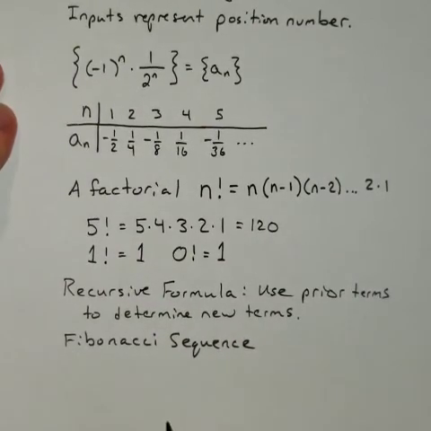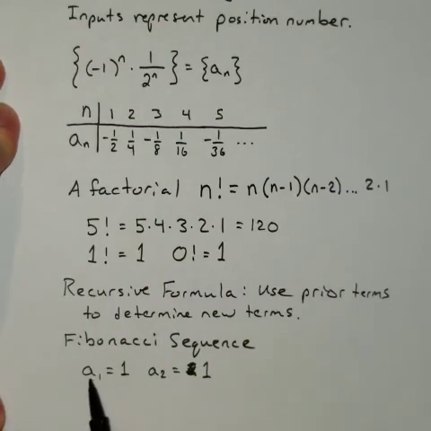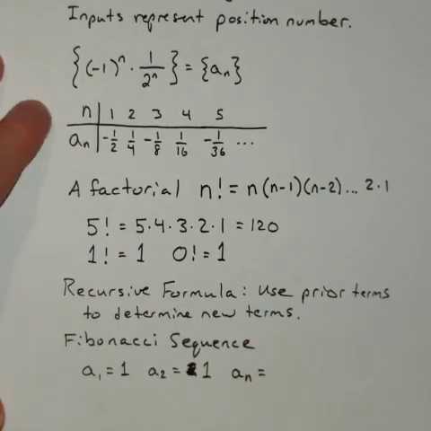In the Fibonacci sequence, you take the first term, which would be a sub 1, define it as 1. The second term would be a sub 2, define that one as 1 also. And then every term after that, we'll call it a sub n, is simply the sum of the previous 2 terms.